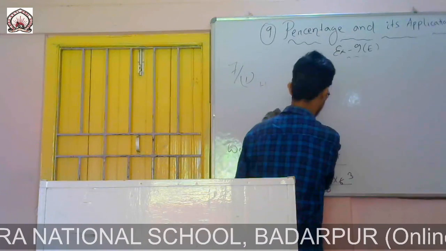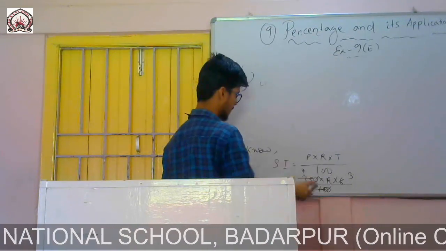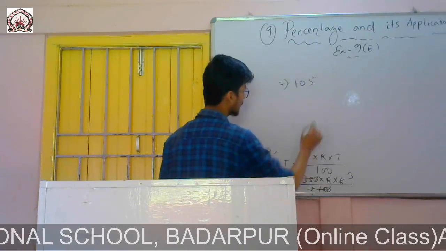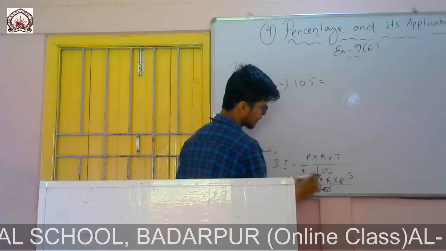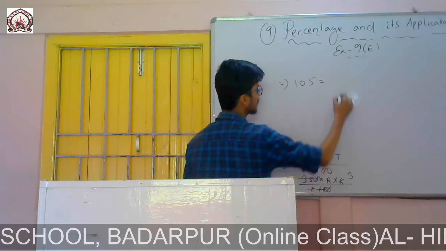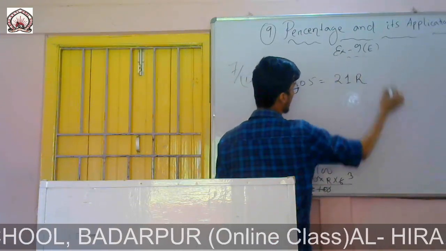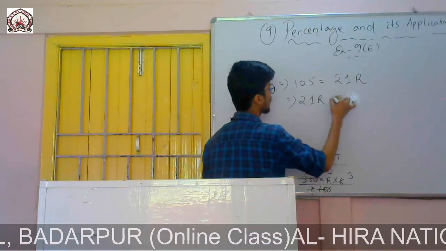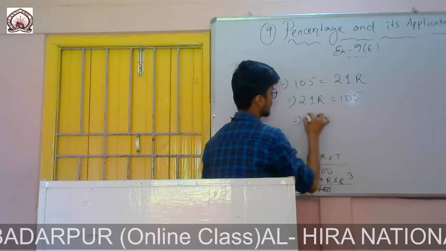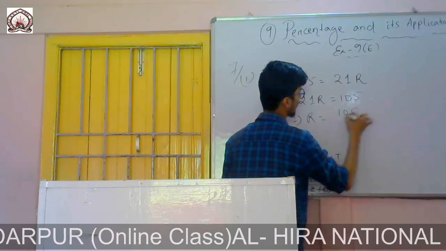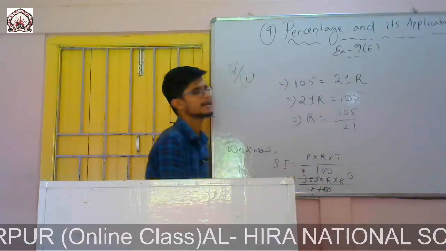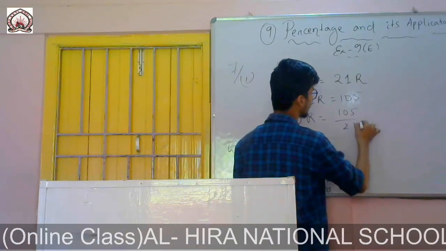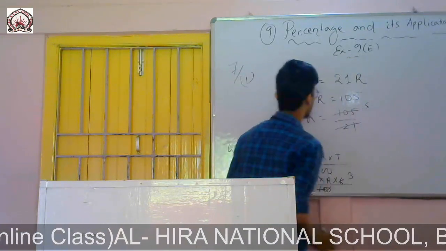Now 105 is left on this side and 7 and 3 are left on that side. 7 3s are 21, so 21 R is left. I will simply change the side: 21 R equals 105, which implies R equals 105 by 21. 21 5s are 105.